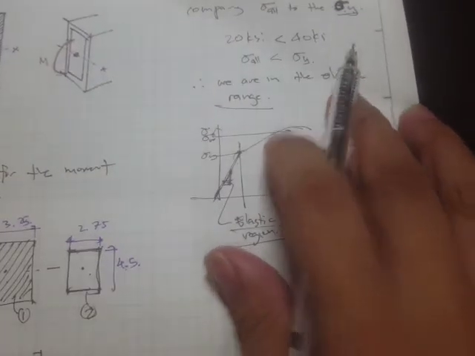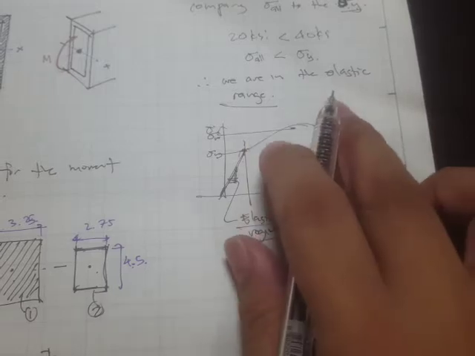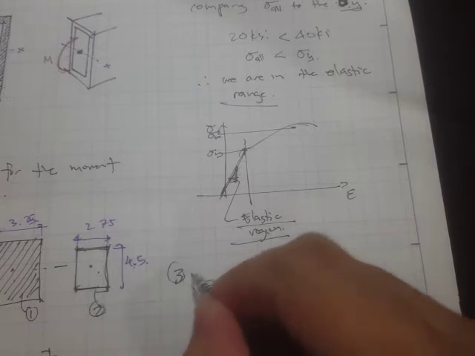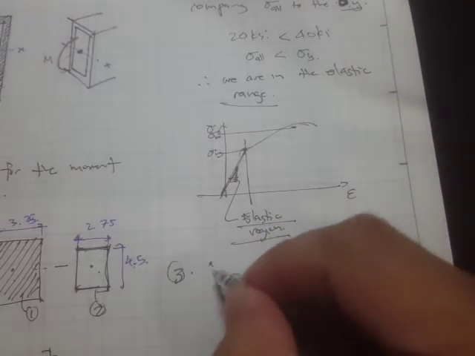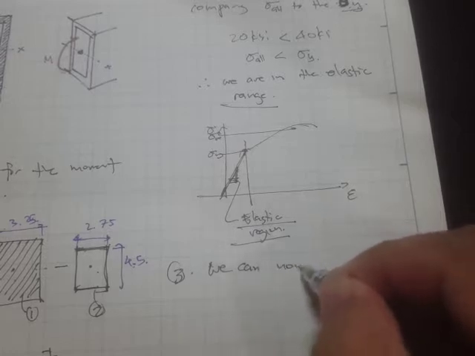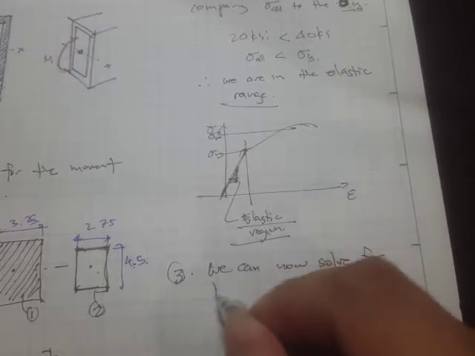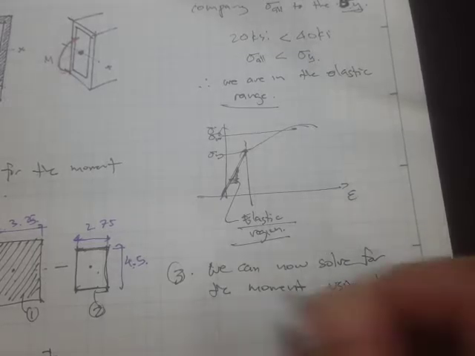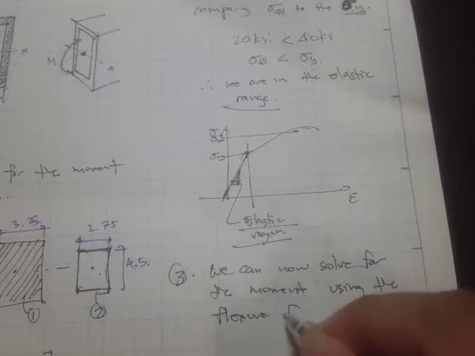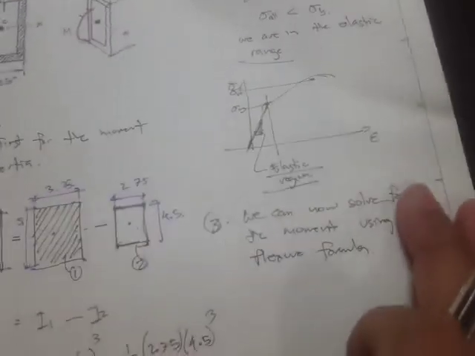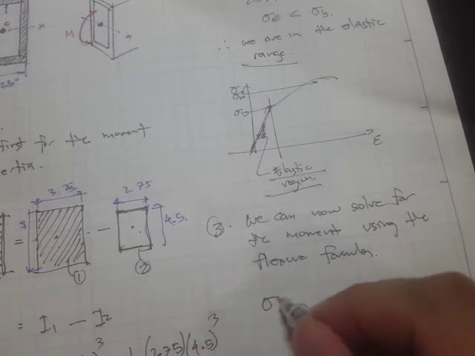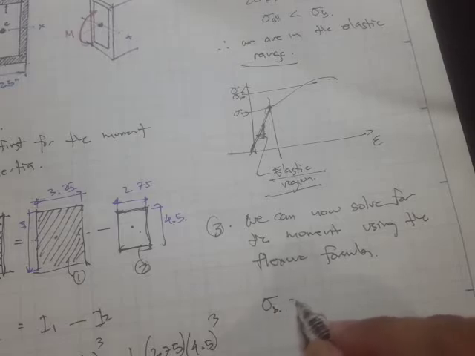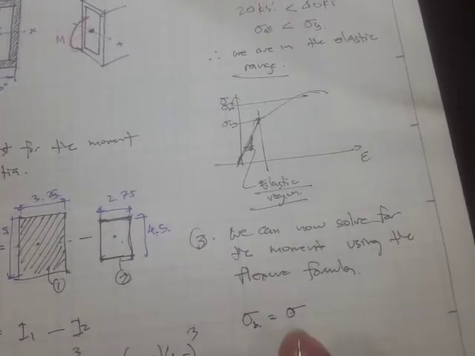Now since we have the allowable stress and we have the moment of inertia, we can now solve for the moment using the Flexure formula. Recall that this is the bending stress, but of course the bending stress is the allowable stress because that's what we are going to use.